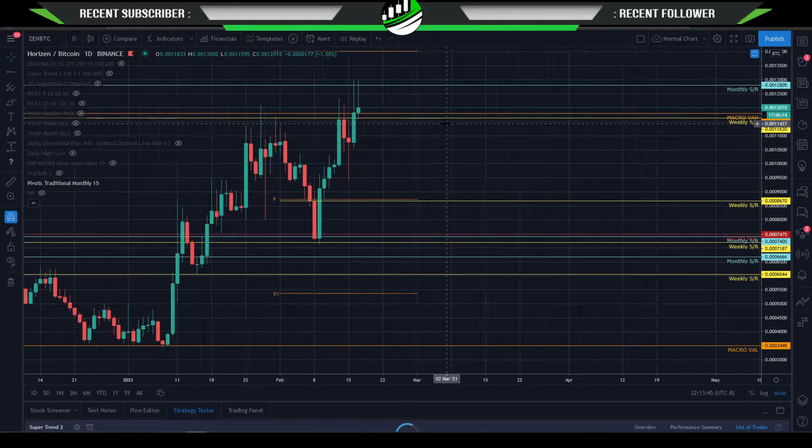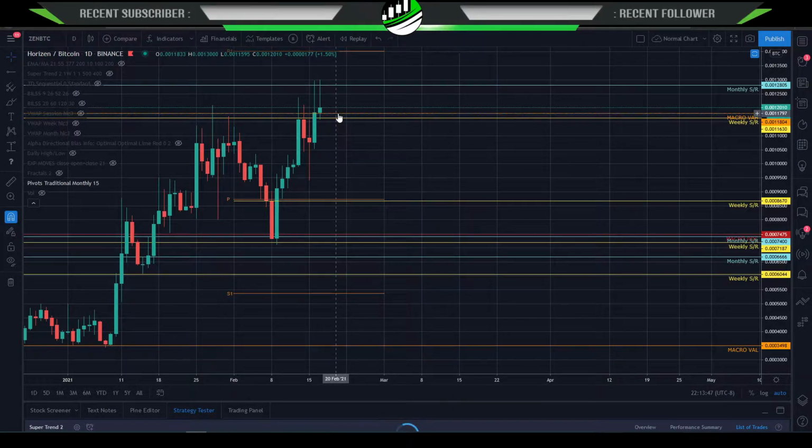And currently we're sitting above the macro value area high. So this is pretty good. Zen's in a good position against Bitcoin as well. We are above the weekly level here, which previously Zen struggled to maintain above. You got your wick through, another couple wicks through, and you can see we're grinding out this area trying to push above.